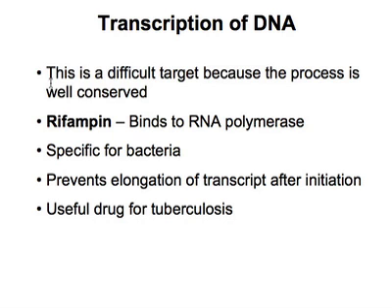So if you target the enzymes in prokaryotes, you'll probably target the enzymes in eukaryotes, resulting in really nasty side effects or toxicities. However, there is one drug out there that has been shown to work, and this is rifampin. This binds to RNA polymerase. It binds primarily to prokaryotic RNA polymerase because it is slightly different than ours, but it does have a lot of cytotoxicity, so it's not used fairly often, except in the cases of tuberculosis.